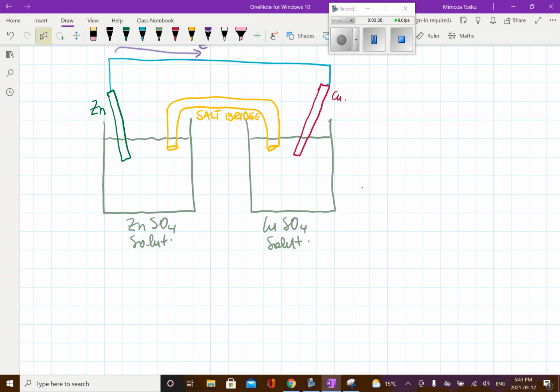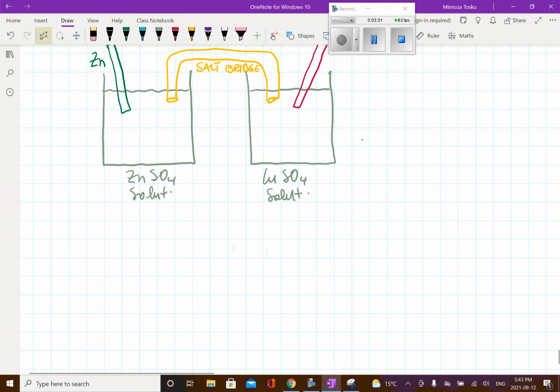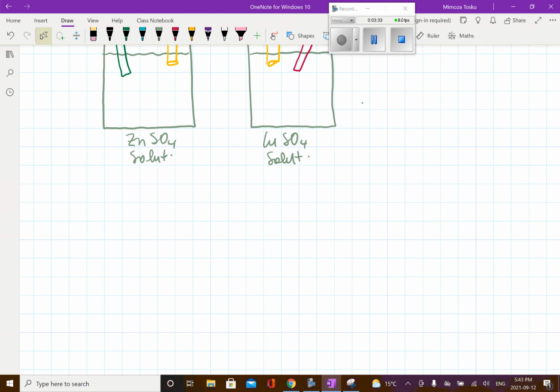Okay, so now let's take a closer look at each of those solutions. When we have zinc sulfate in a solution, that means that we have zinc ions. So on this beaker, what do we have with that metal plate?